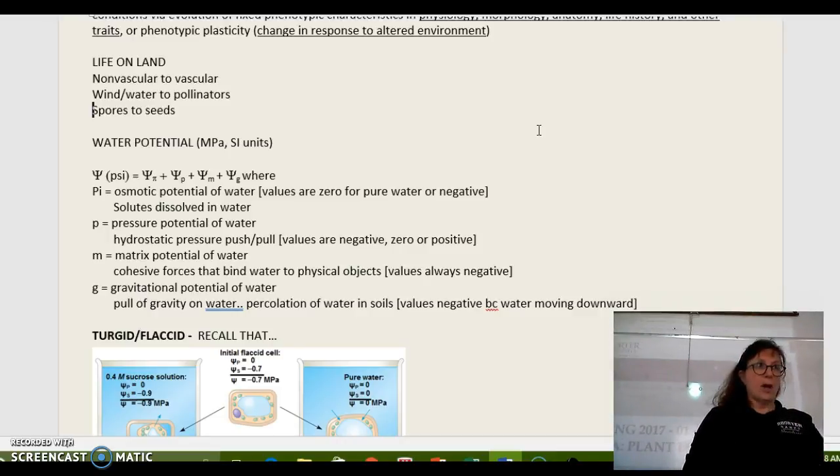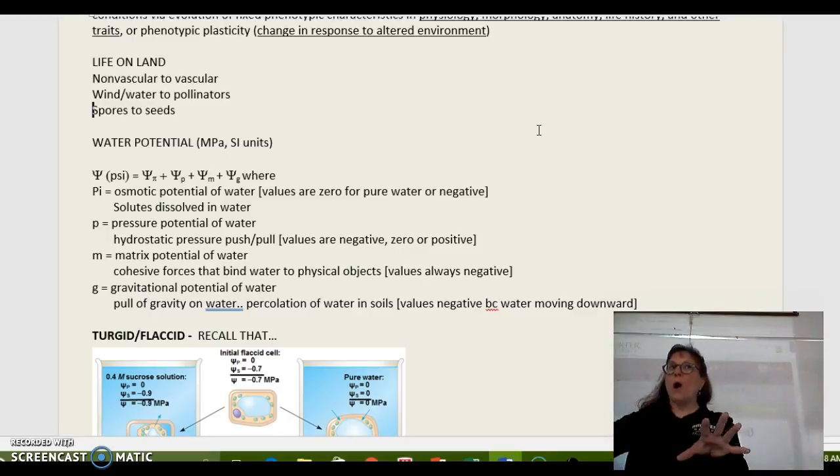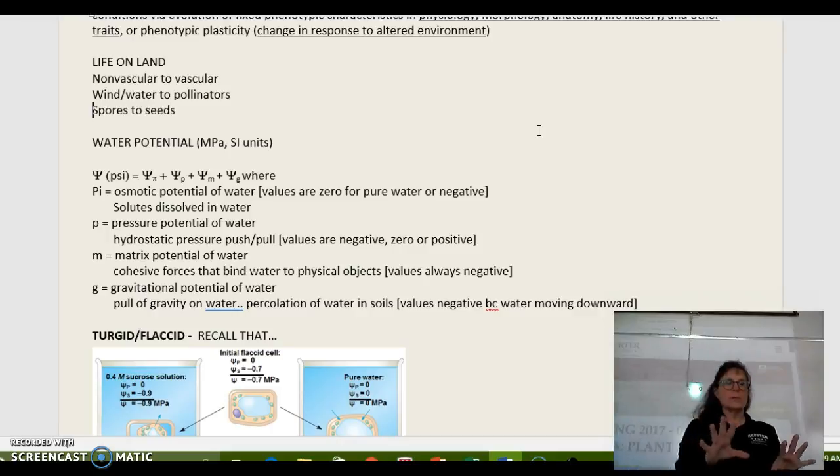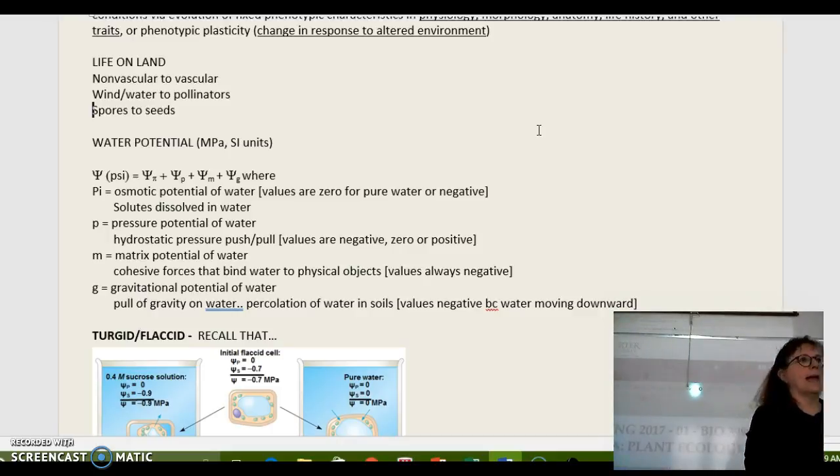So bryophytes, mosses and liverworts, ferns and allies, and then going even farther away from consistent water resources are our gymnosperms. We've got loblolly that we're going to be studying here. Loblolly, the pines and gymnosperms in general, are extremely well adapted to living on land.